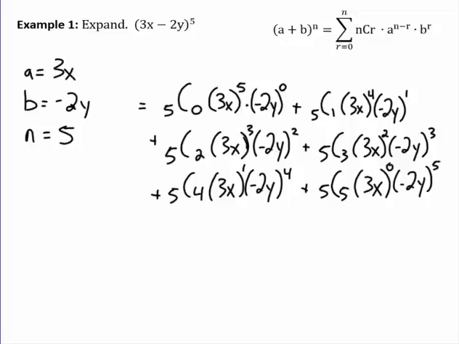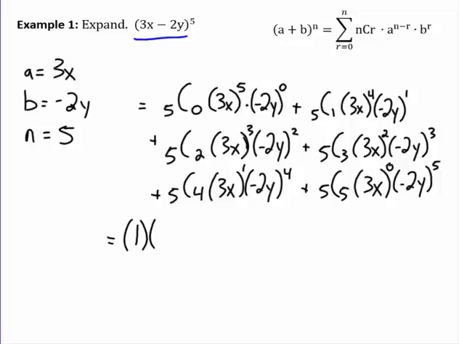Now again, this might seem like a lot of work, but if you can imagine having to expand 5 of these brackets out and do all the math, this is a much quicker method. So let's go through and figure out each of these numbers. Well, 5c0 is 1. 3x to the 5th, well, we have to put everything to the 5th.